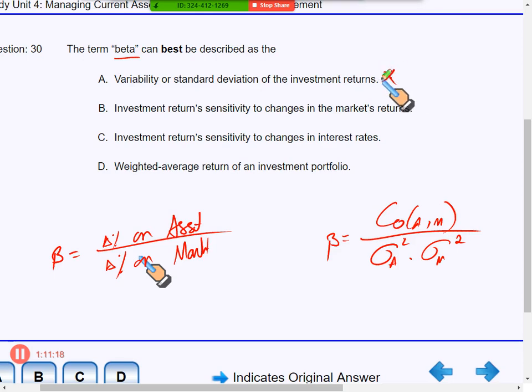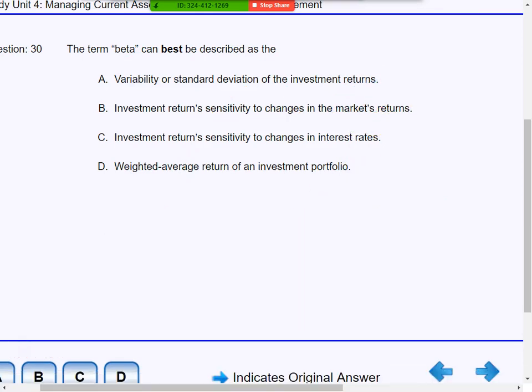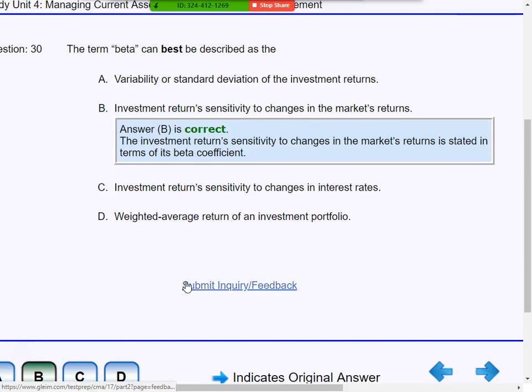That's why A is not the right answer. B, investment return sensitivity to changes in the market's return. Yes, sensitivity of the return on the asset compared to the return on the market as a whole, as per the formula we have read in the book. So that makes perfectly the correct description of what the beta is. Next.